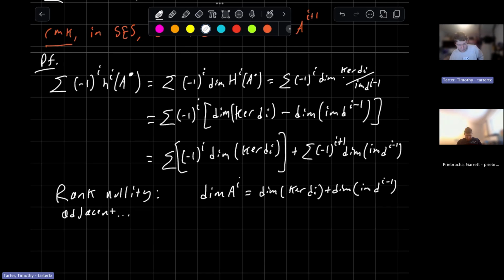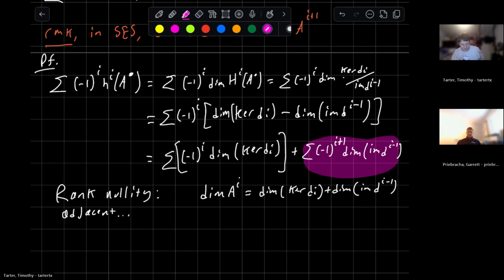And so we really just want to re-index this thing on the right, so that we can get this thing plus this thing.